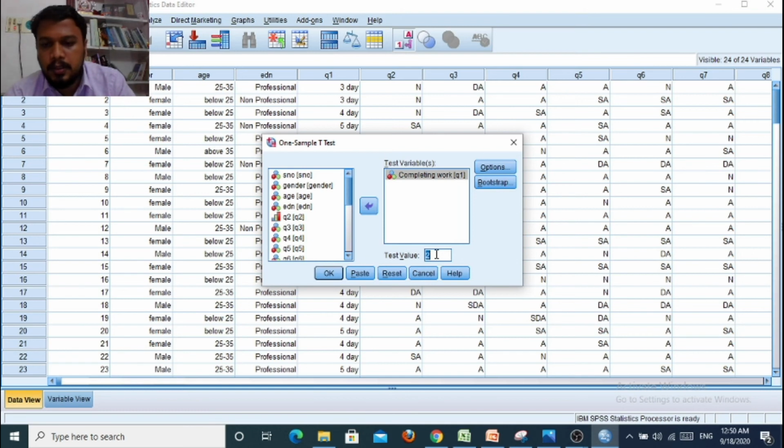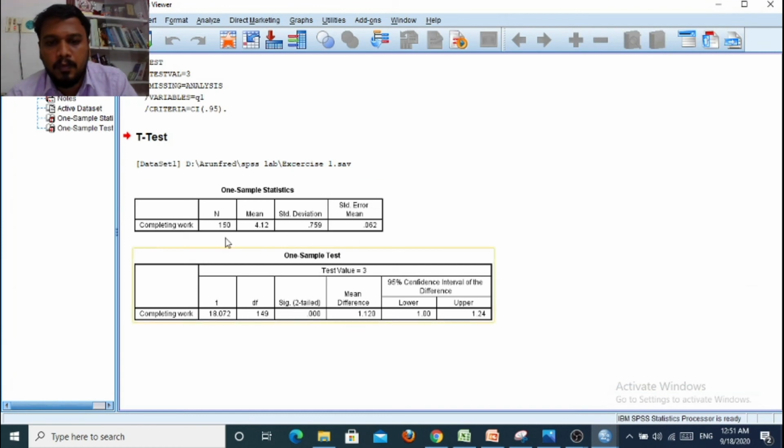Then, as I said, our population mean is 3, so we enter that 3 here in the test value. Now you click OK, and you will get this output.